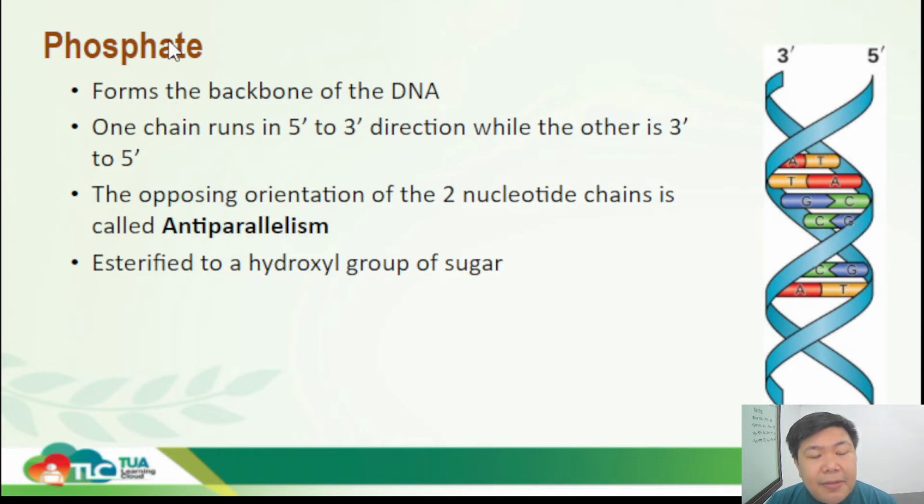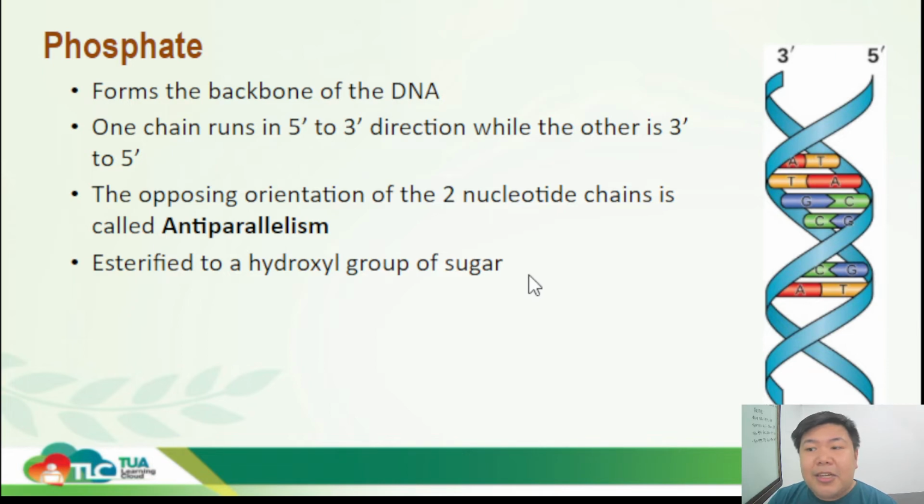And the phosphate is attached to your sugar by an ester bond attached to the hydroxyl group of the sugar. Okay, so again, the phosphate is attached to the sugar by an ester bond, specifically to the hydroxyl group of the sugar. So let's try to review the bonds again, no?